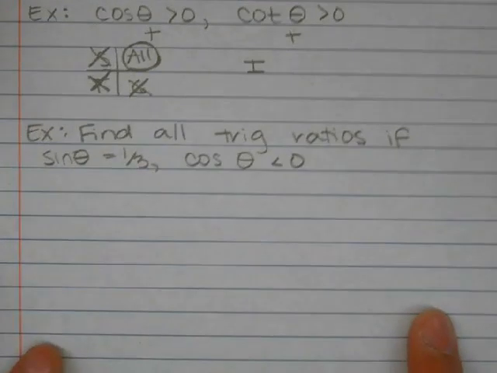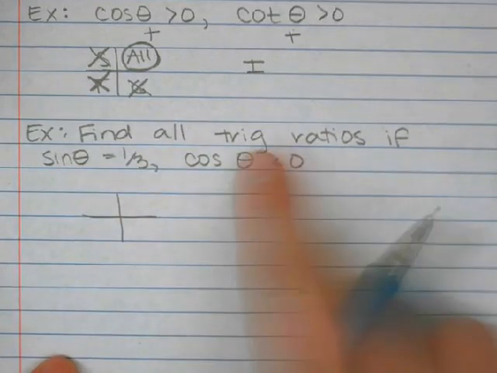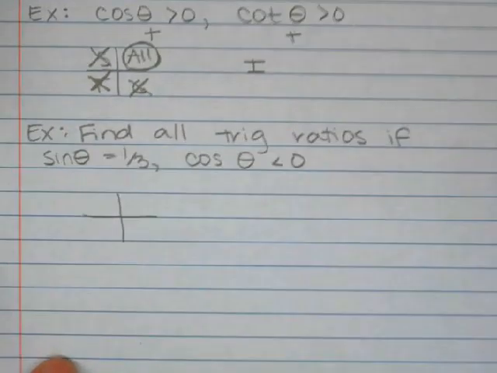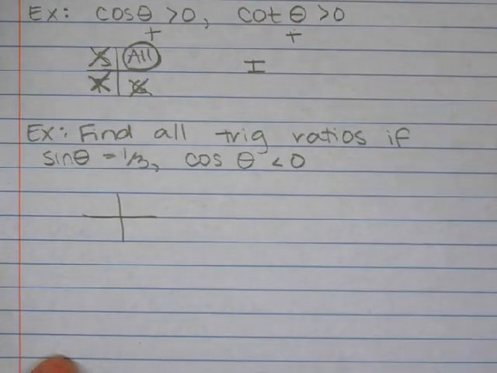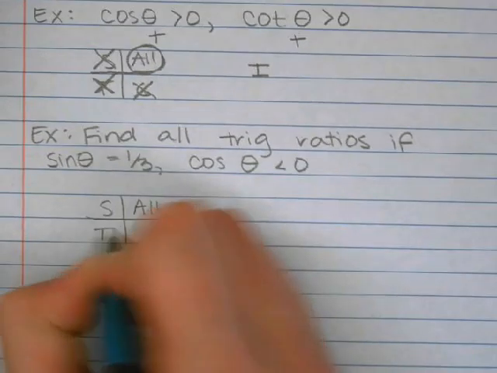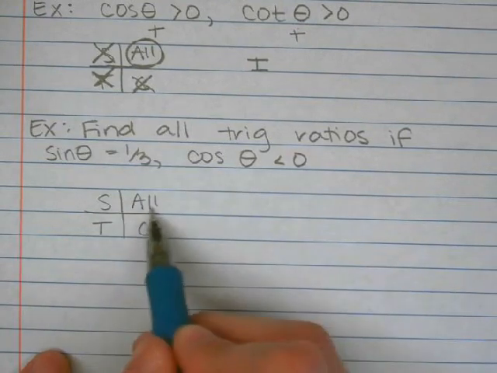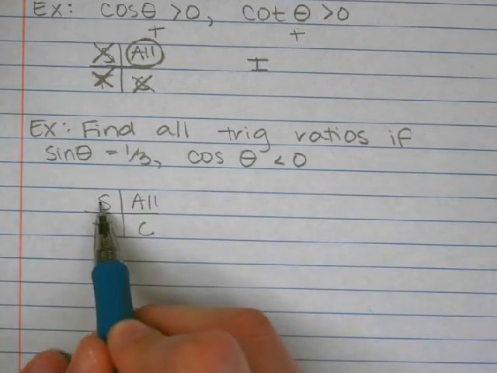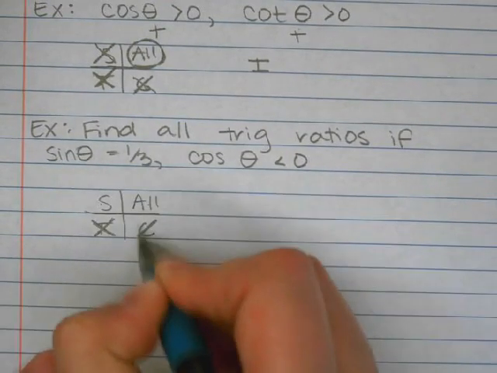First, I'm going to have to figure out what quadrant I'm working in. Then, to find all the trig ratios, I have to know what sine is, what cosine is, what tan is. I'm going to have to draw a triangle to do all of that. So sine is positive. All students talk constantly. Sine is positive because it's a positive 1/3 in the first quadrant and in the second quadrant. That's where sine is positive. So it can't be quadrant 3, it can't be quadrant 4.